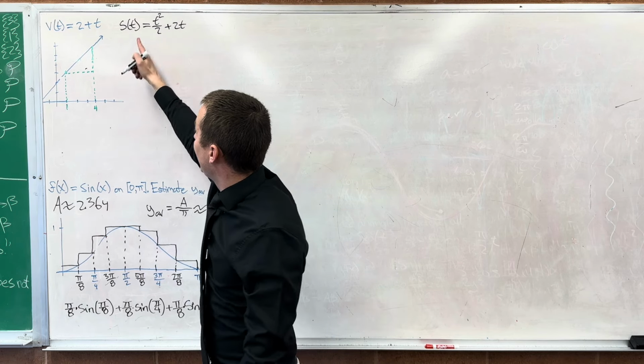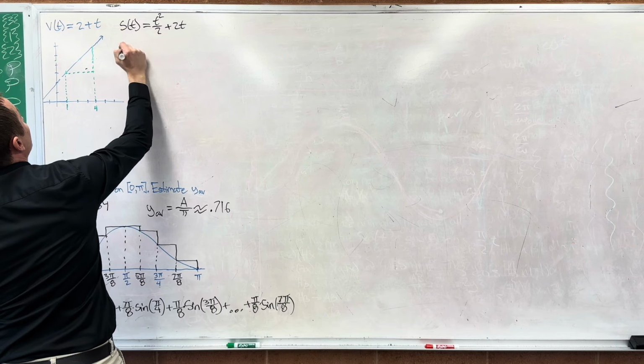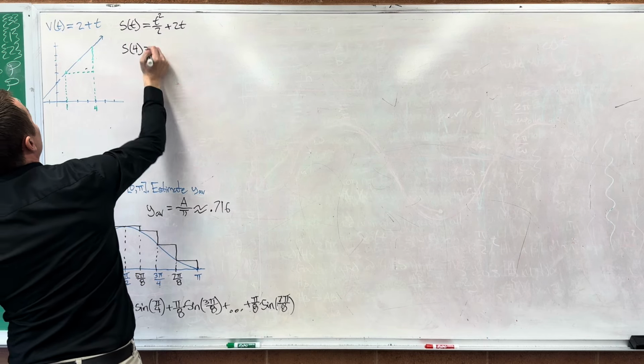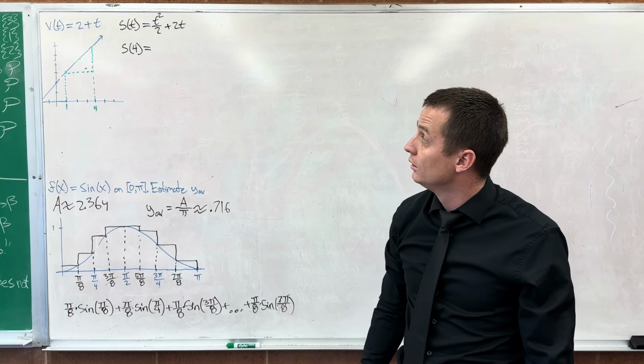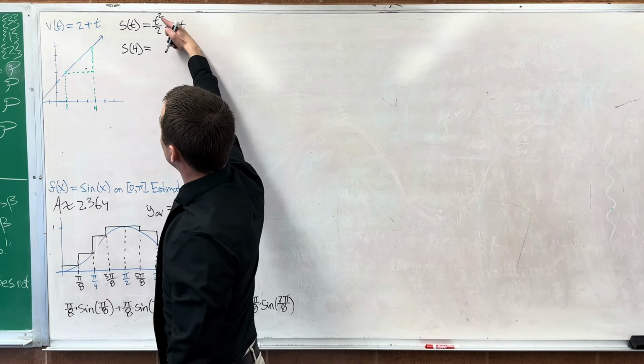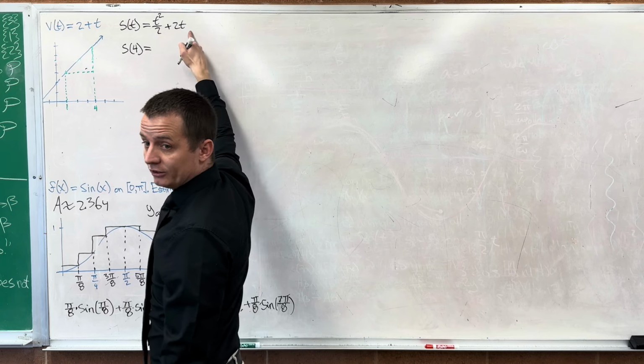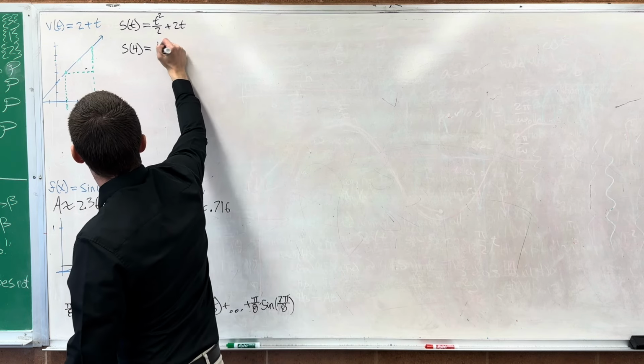What was our position after 4 seconds? 16 divided by 2 is 8, plus 8 is 16.